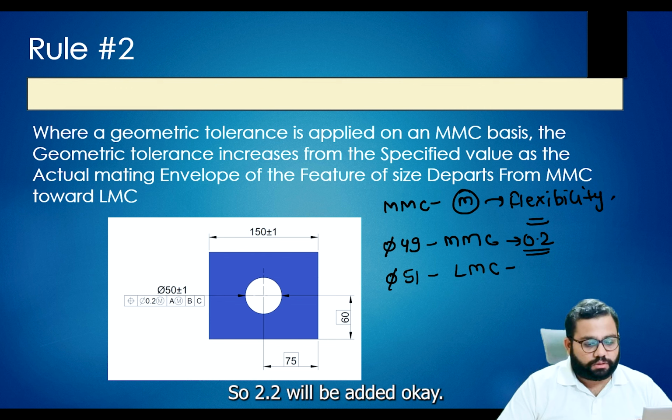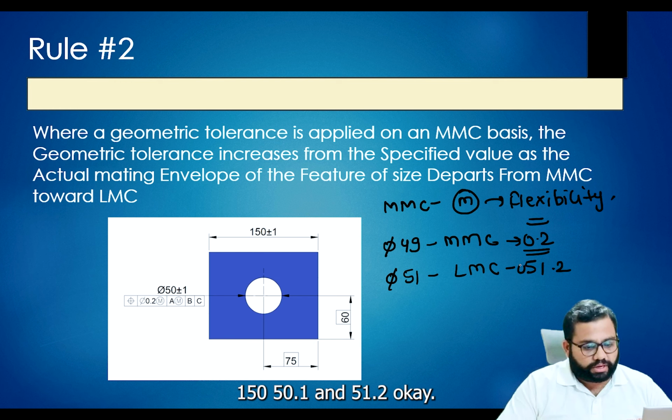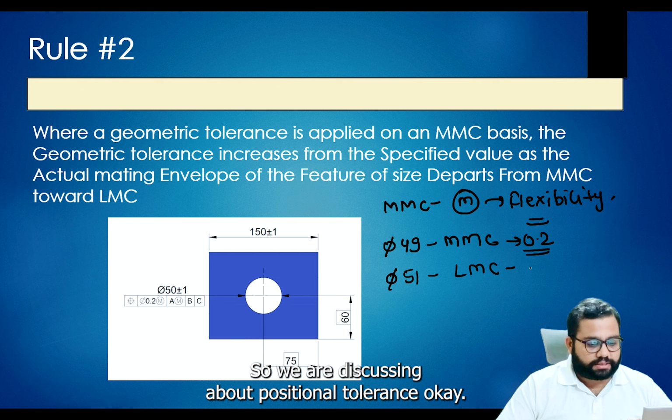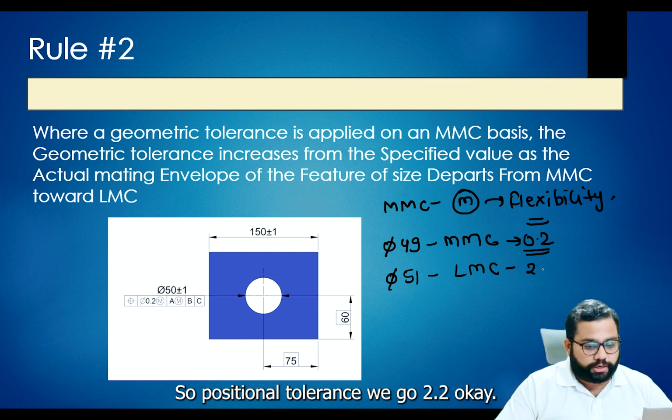So in this case, you will see the positional tolerance is 0.2 at 49, 1.2 at 50, and 2.2 at 51. We are discussing positional tolerance, so the positional tolerance will go to 2.2.